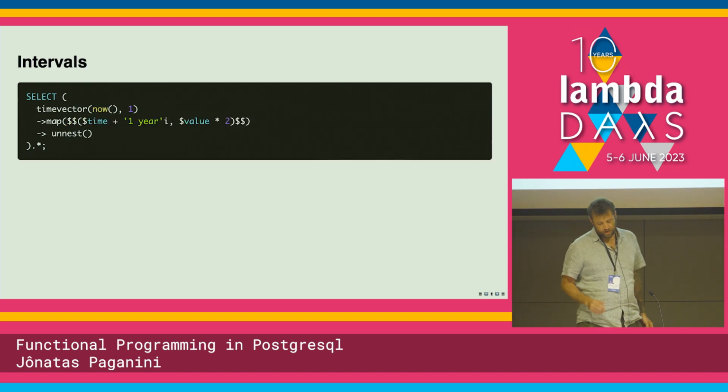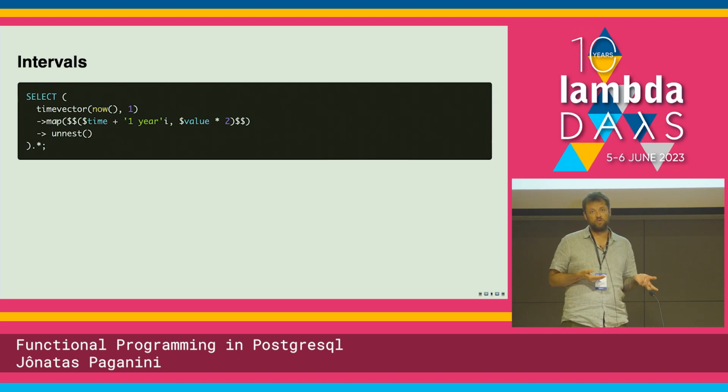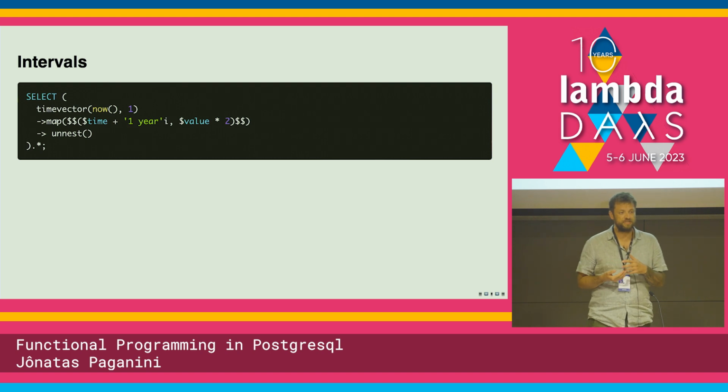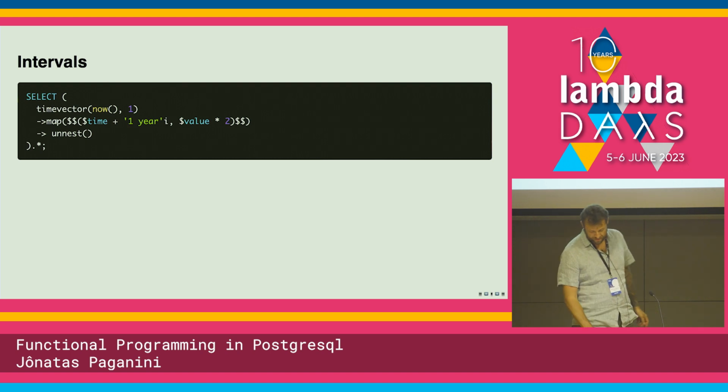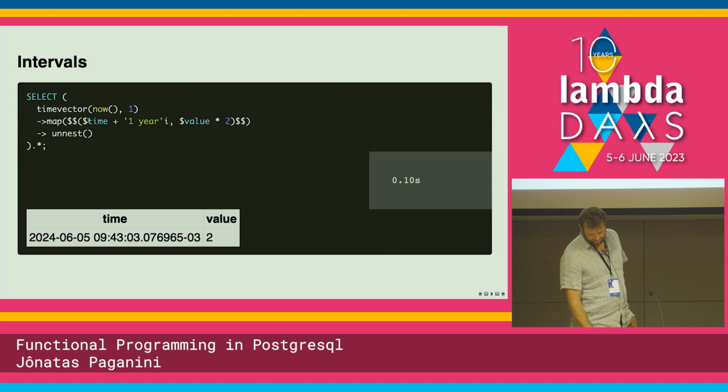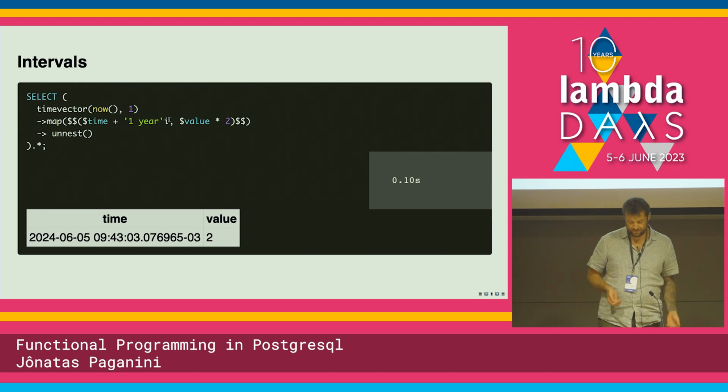And we also implemented some stuff to deal with the date time and also intervals, because in Postgres it's very common, you need intervals everywhere. So in this case, I'm just mapping 1 plus year, and this I here is the identifier that says it's interval.